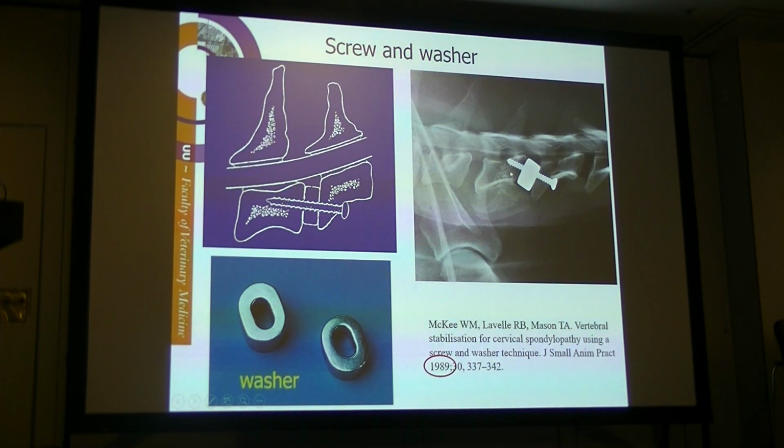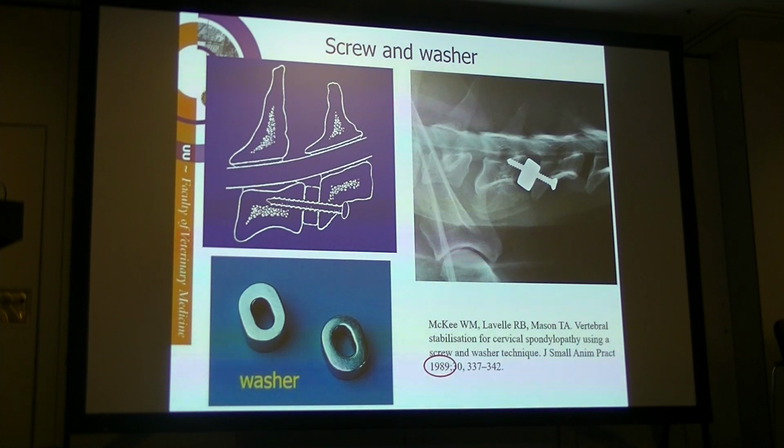It was the first technique that described putting something in between the vertebrae. And this device is called a washer. It's a metal cylinder. And this metal washer was put into the intervertebral disc space and then fixed, not really fixed, but it was held in position by one screw.